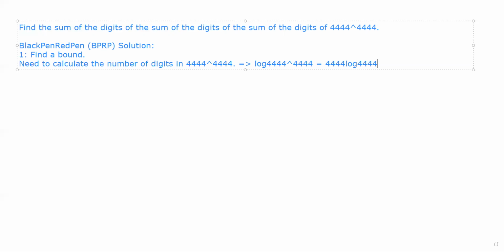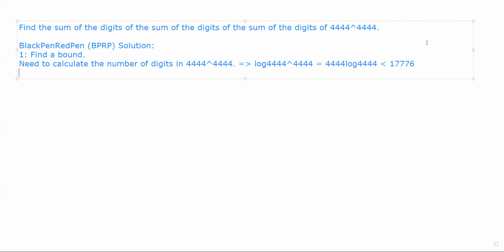And we know that log 4444 is less than 4, so we can say it's less than 17776. This implies that this number in question has less than 17,776 digits.